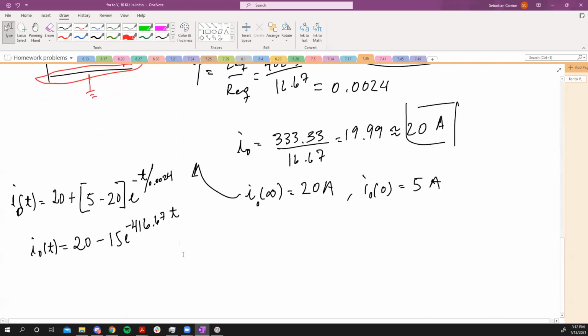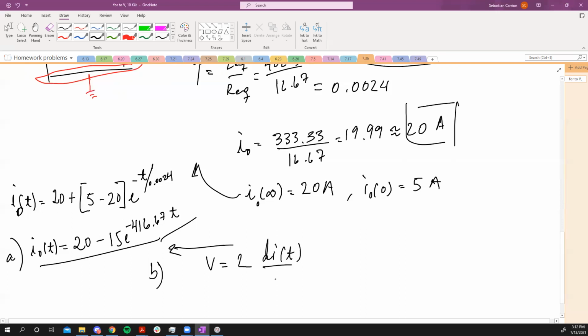And for our v naught, well, this is part A. And for part B, we know that V is equal to L times di over dt. For this case, it'd be the derivative of I naught.